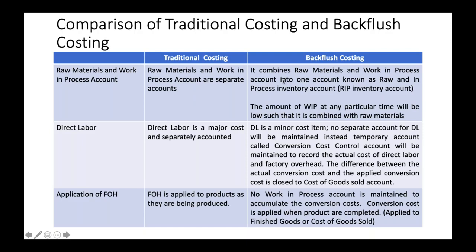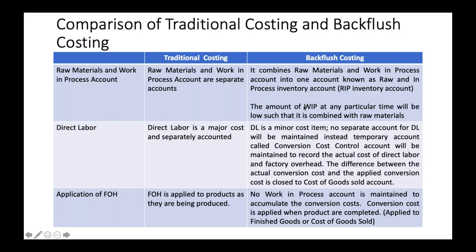Unlike in backflush costing, it combines the raw materials and work in process accounts into one account known as the raw and in process inventory account, or RIP inventory account. The amount of work in process at any particular time will be low, such that it is combined with the raw materials. We will not be maintaining the work in process account in backflush costing.